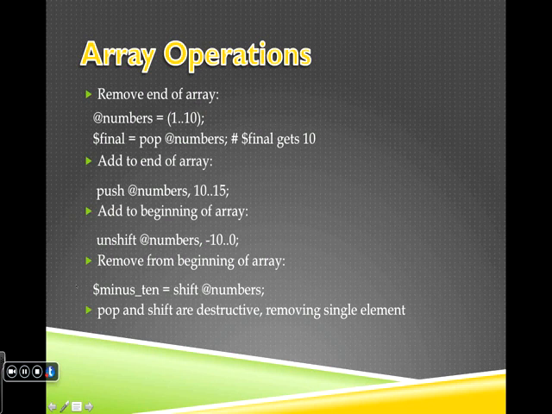What it does is take the last element in my array, remove it from the array, and we can assign it to a scalar. So in this case, the last element was 10. I am popping the 10 from my array, and now my array length is 9. The last element will be 9, and I am assigning the value 10 inside a scalar named final.